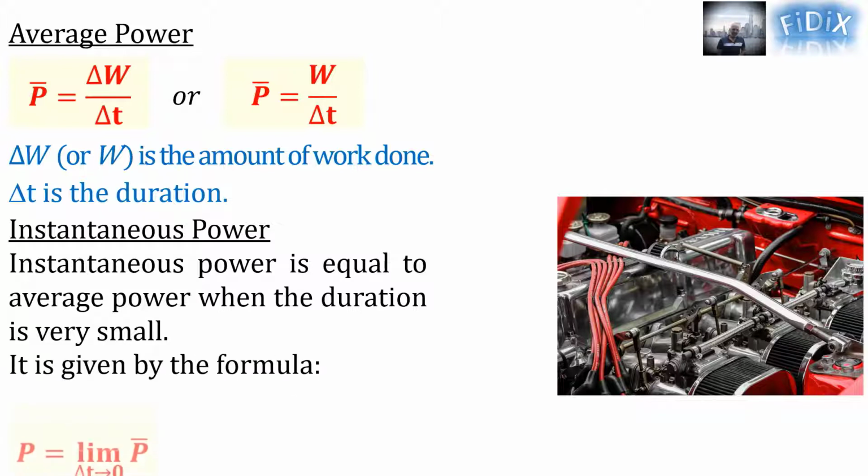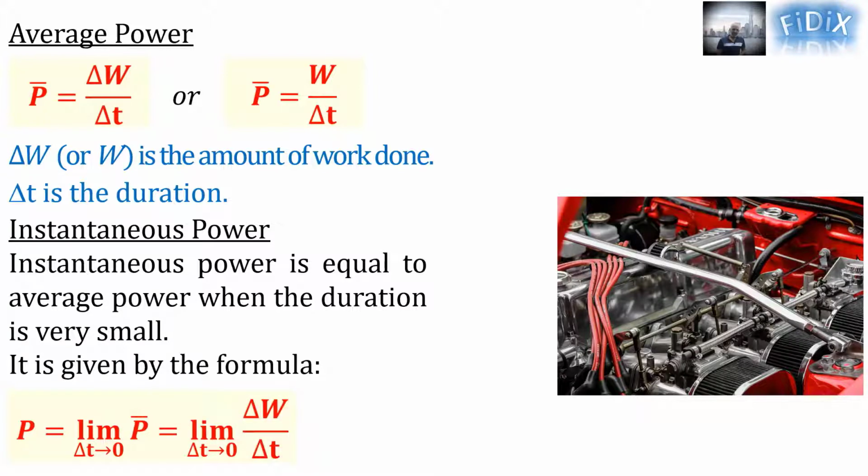Instantaneous power is equal to average power when the duration is very small. It is given by the formula P equals the limiting value of P bar as the duration approaches zero. Thus, it is equal to the ratio delta W over delta T as delta T approaches zero. This gives dW by dt, which means the time derivative of work.